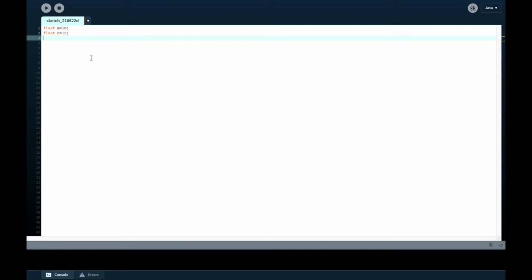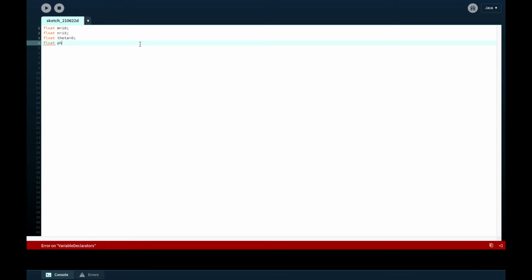Later on in the video, when I'm dealing with arctangent and cosine, I'm going to explain more about that when I get there. For now, just remember that all of these angular values are going to have to be between 0 and 360, as in the unit circle. And so we have theta, and for now I'm just going to set it as 0. It doesn't really matter for now.